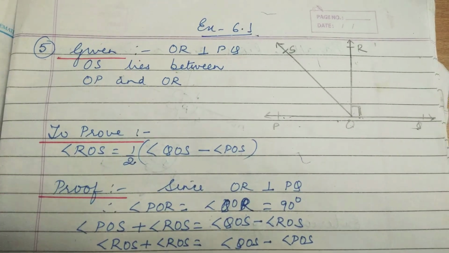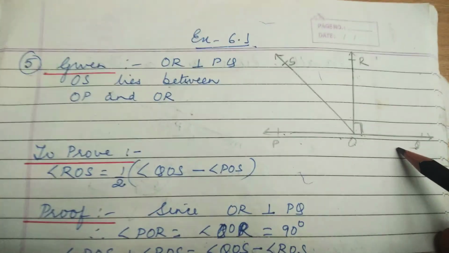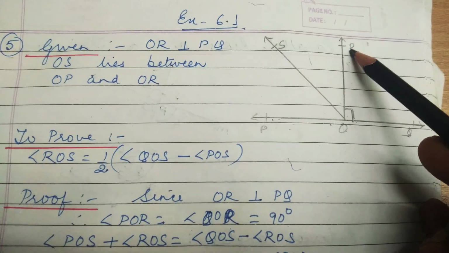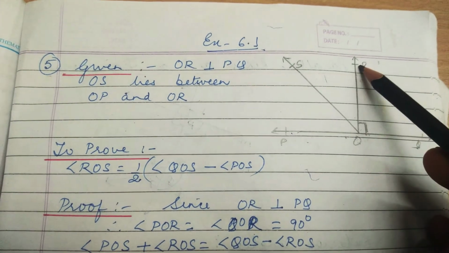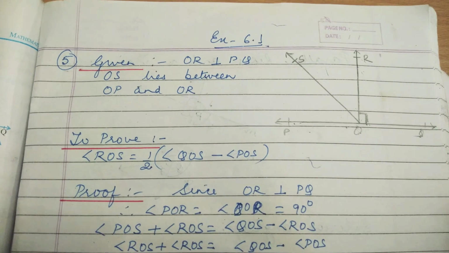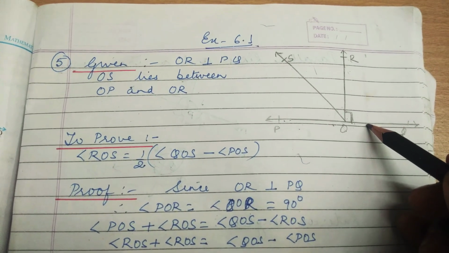Now let us prove it. Since OR is perpendicular to PQ, angle POR and angle QOR are each equal to 90 degrees.